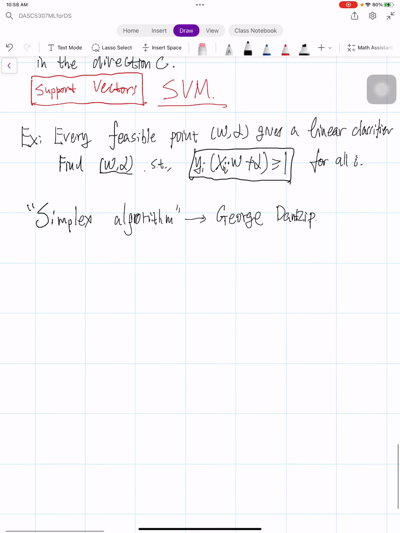And the last one we talk about is called quadratic programming, which is exactly what we used to search for the soft margin support vector machine.